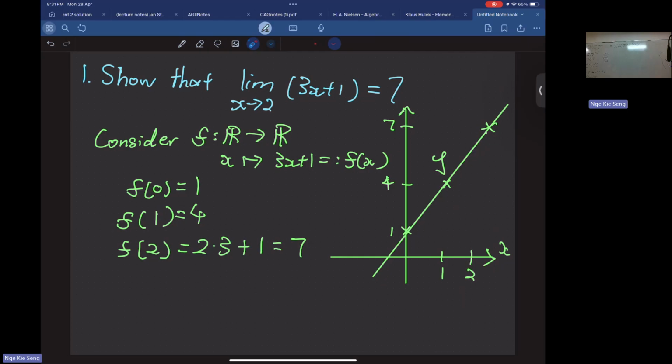What's in your mind about continuity? Oh, you did this problem before. Okay, good. I'm asking about continuity. Does anyone of you know about continuity or not? Just now you mentioned it, right?